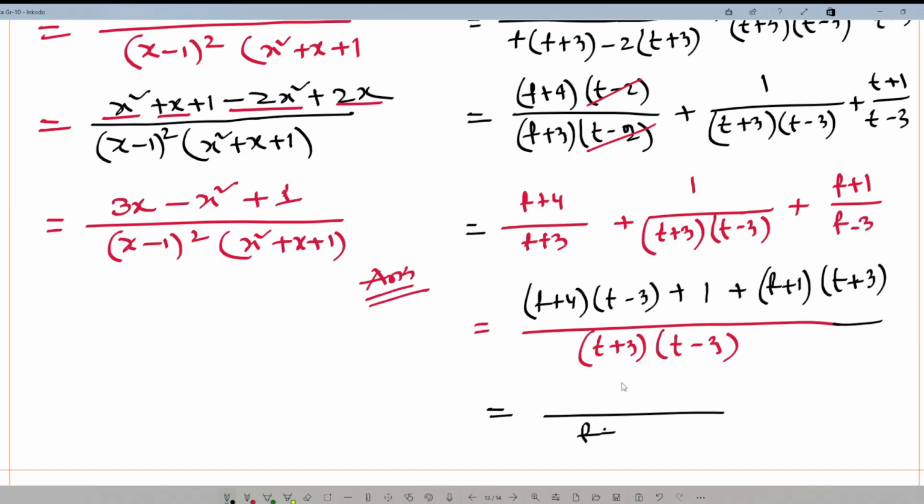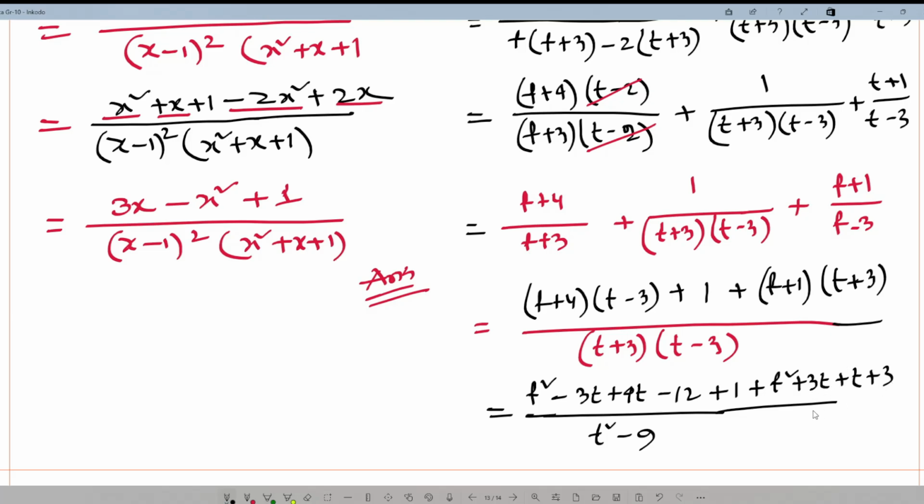The denominator is t square minus 9, and the numerator is t square minus 3t plus 4t minus 12, plus 1, plus t square plus 3t plus t plus 3, right?